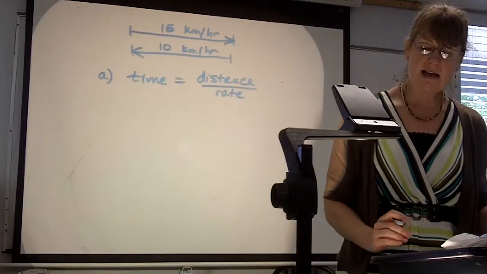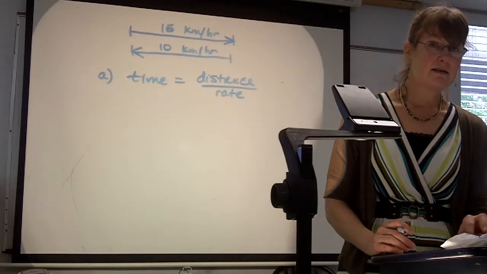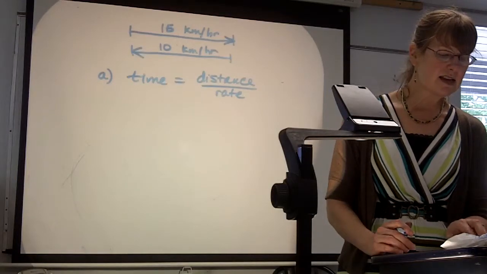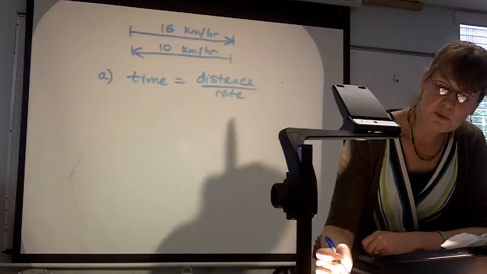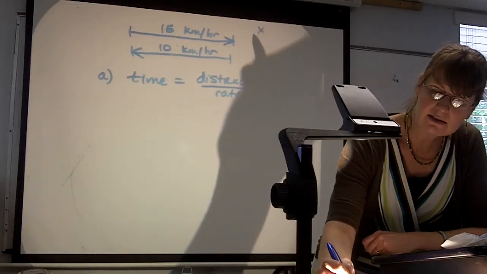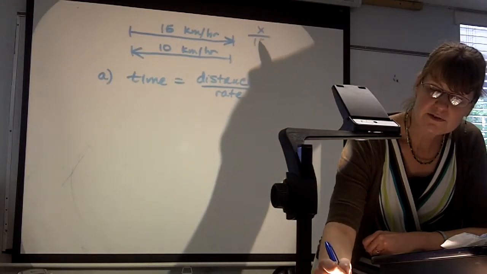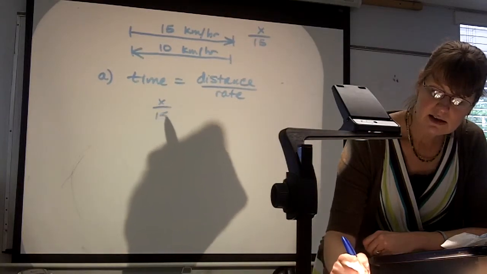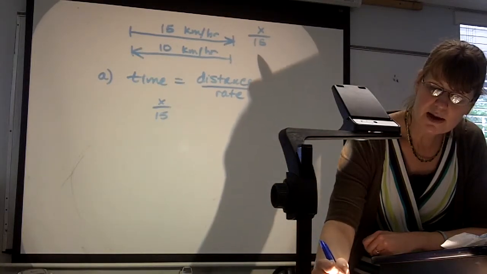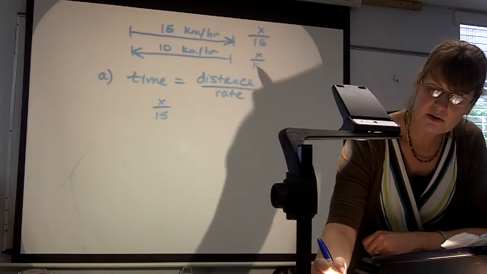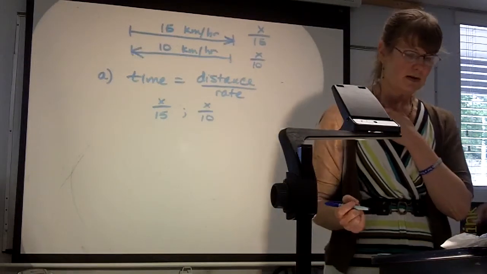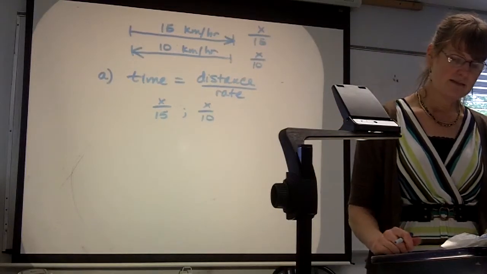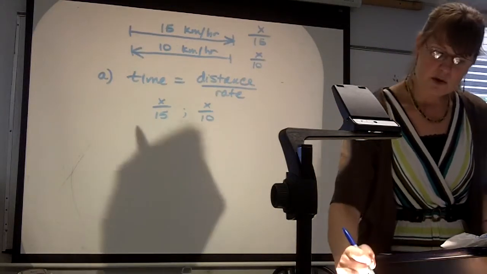They're telling us the distance is x. So for the way there, she's going x over 15, and the time on the way back is x over 10. Okay, so we get those two things.